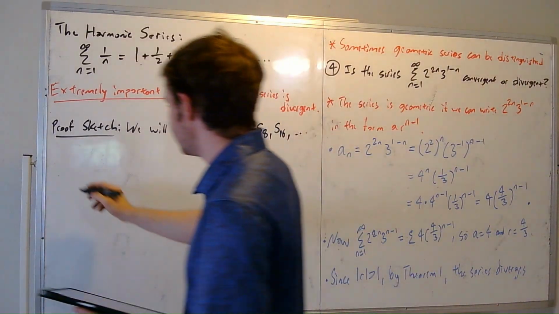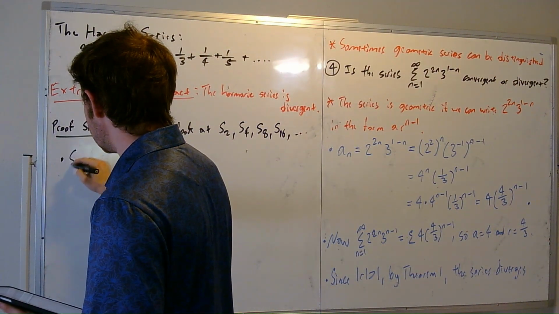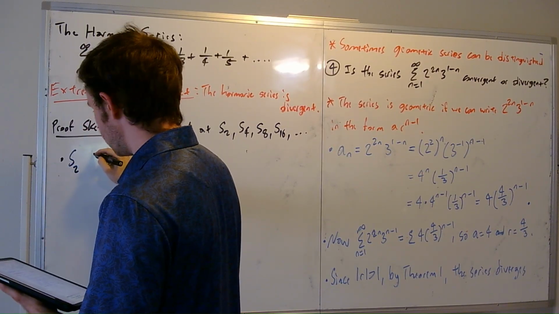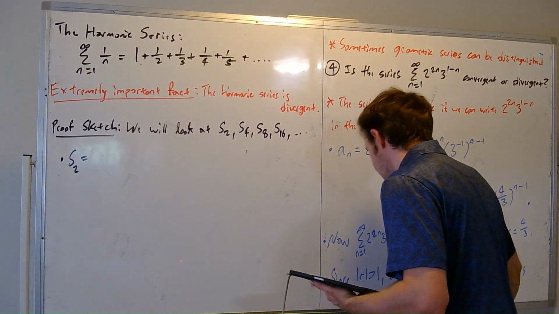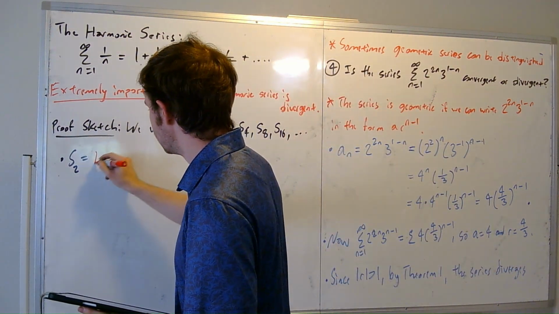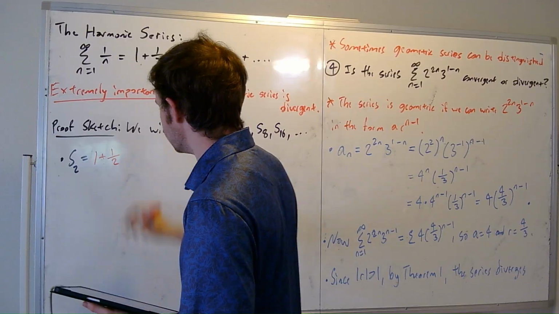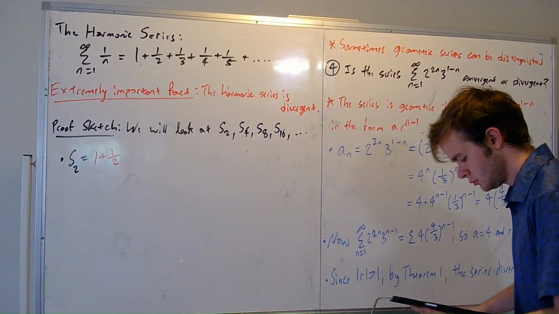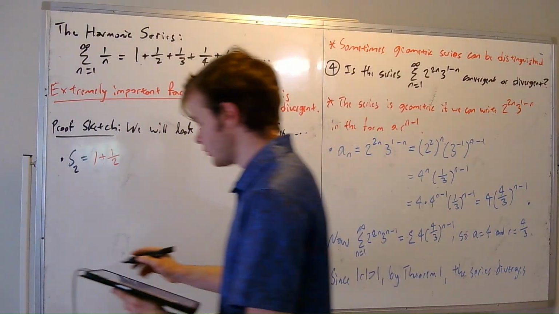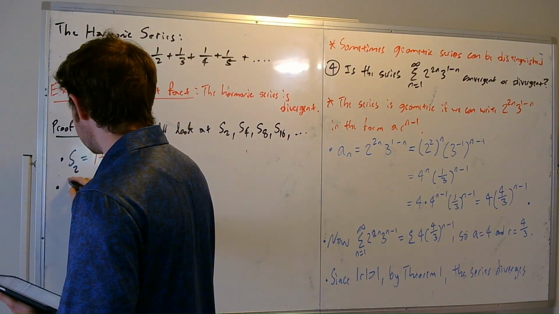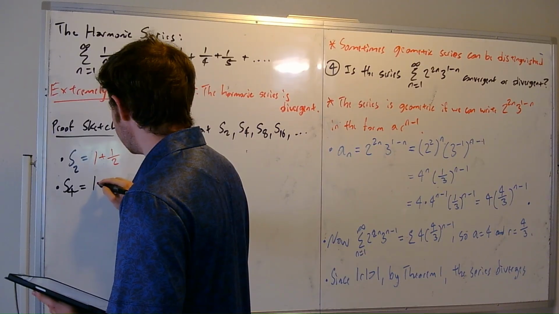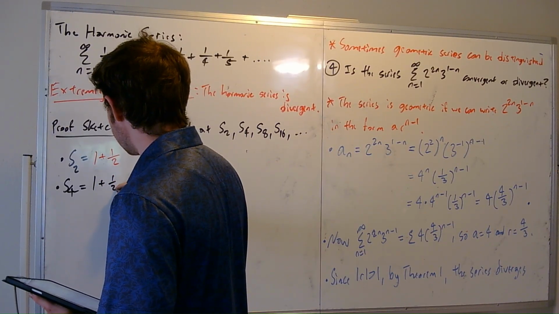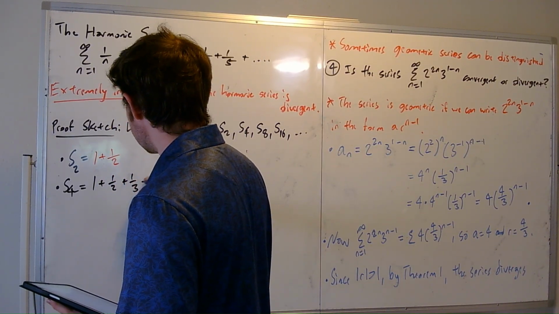So let's just add together the first 2 terms. So S2 is going to be equal to 1 plus 1 over 2. The next thing is S4. So if we add together the first 4 terms, we've got 1 plus 1/2 plus 1/3 plus 1/4.